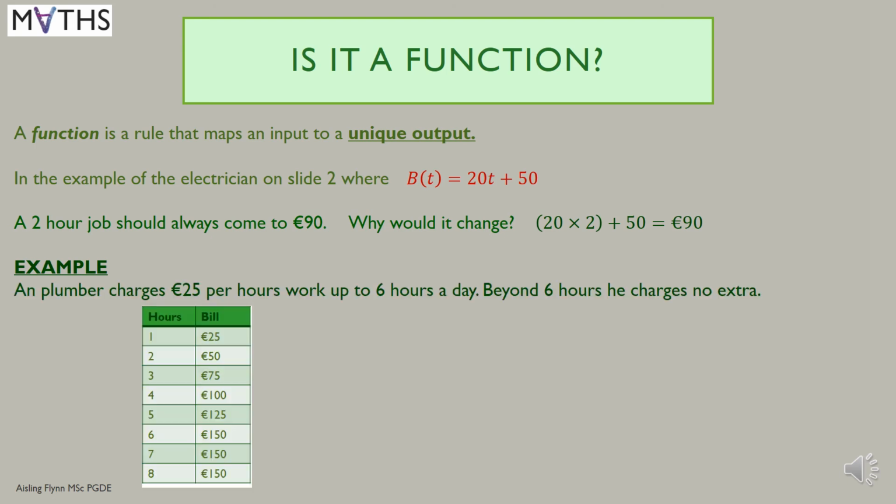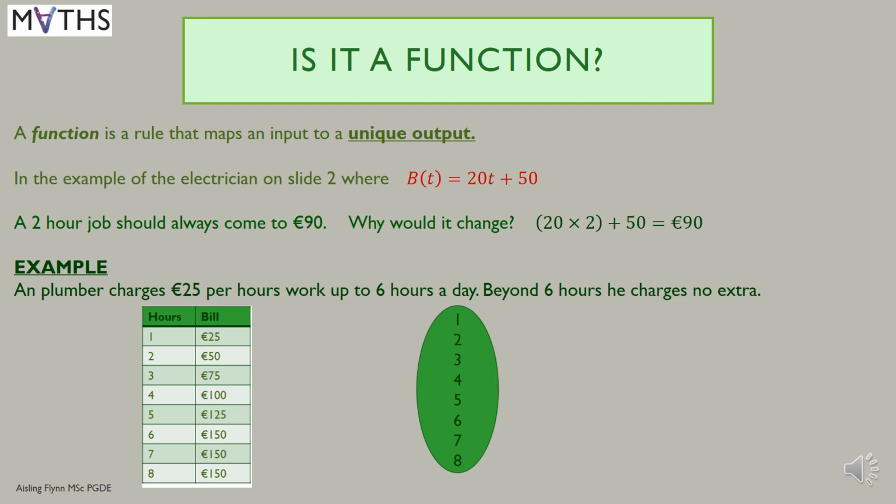Here's an example. A plumber charges 25 euro per hour's work, up to 6 hours a day. Beyond 6 hours he charges no extra. So here's a table to show his bill. 25 euros per hour, so it's climbing up 1, 2, 3, 4, 5, 6. It's going 25, 50, 75, 100, 125, 150.